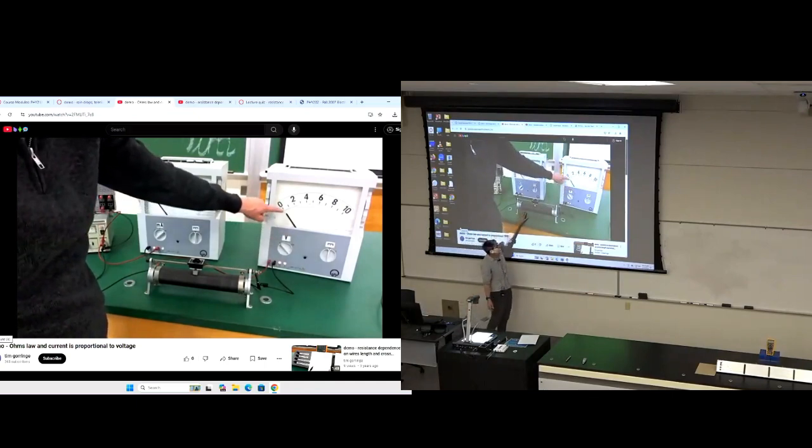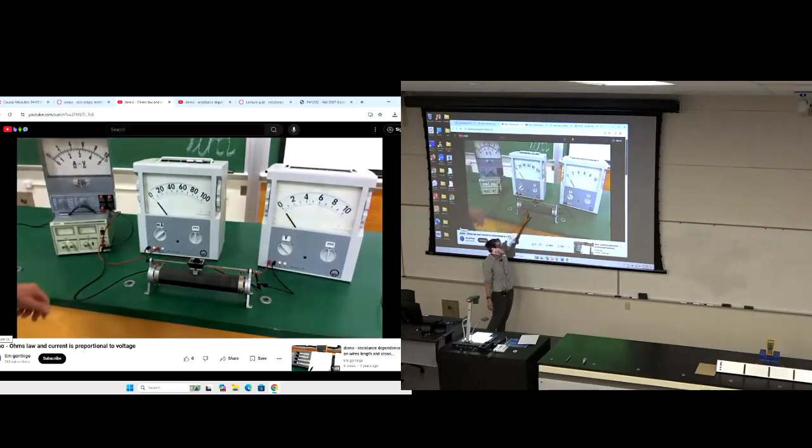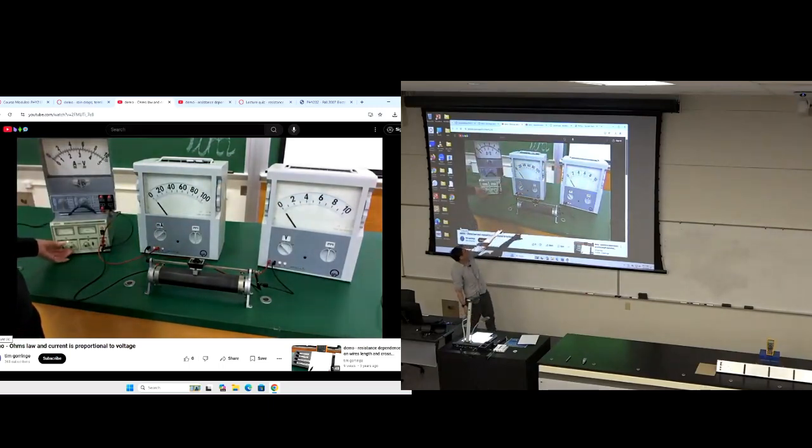It's connected to a resistor. This is a weird resistor, but it is a resistor. And with those two devices, I'm measuring the current on the left and the voltage on the right across the resistor due to the battery. I'm repeating Ohm's experiment. If only I would have been born 200 years ago. Well, I would be dead now, so it's not a good idea.